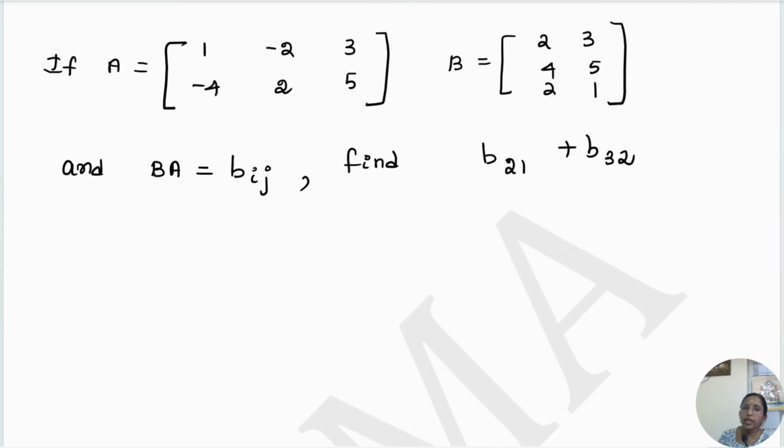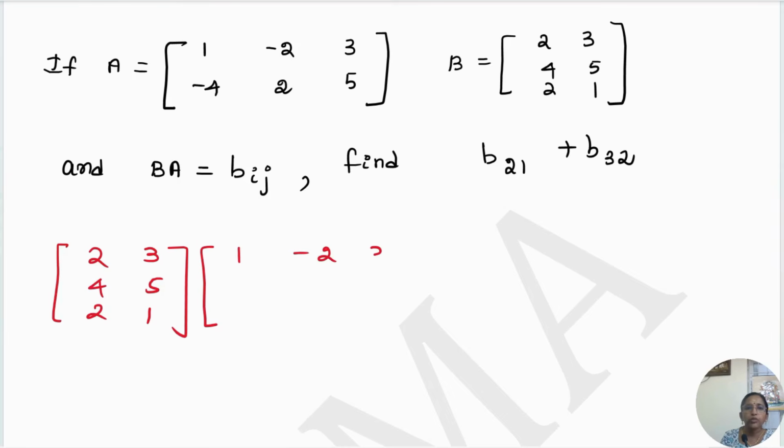Look at this question. We are given two matrices A and B. So here BA is equal to small bij. So BA: 2, 3, 4, 5, 2, 1 multiplied with the A matrix 1, minus 2, 3, minus 4, 2, 5. So look at the order over here.